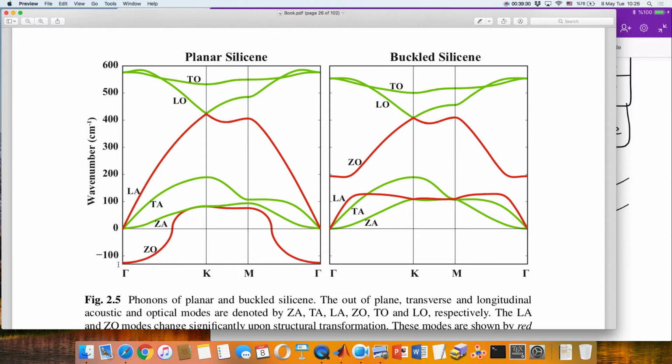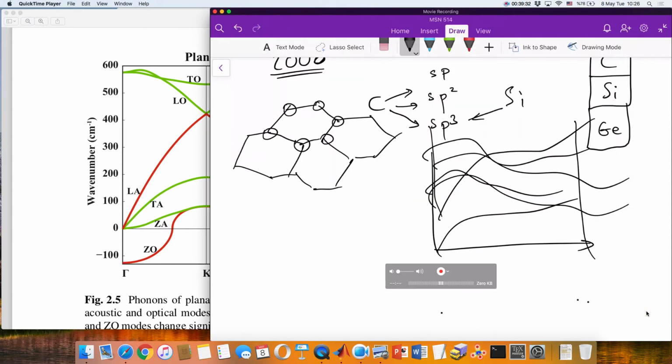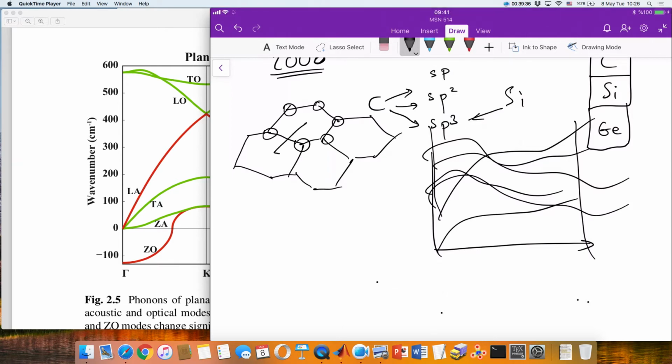By the way, maybe I haven't mentioned, this structure has 2 atoms in the unit cell, and if you repeat this, you will get the honeycomb structure.